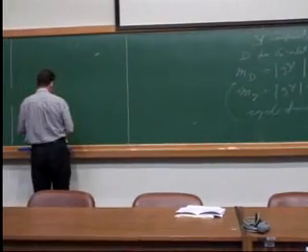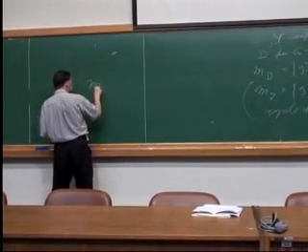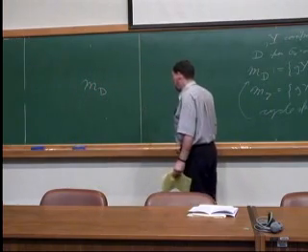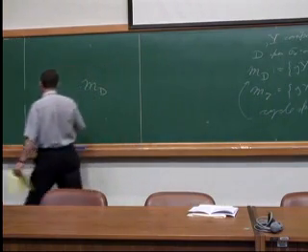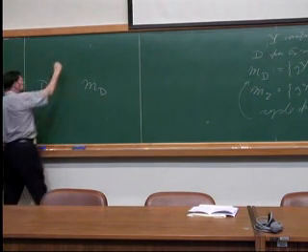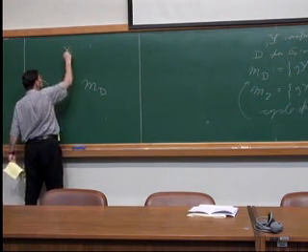So now I can look at the cycle space, and I can look at the domain, and I can look at the incidence space.